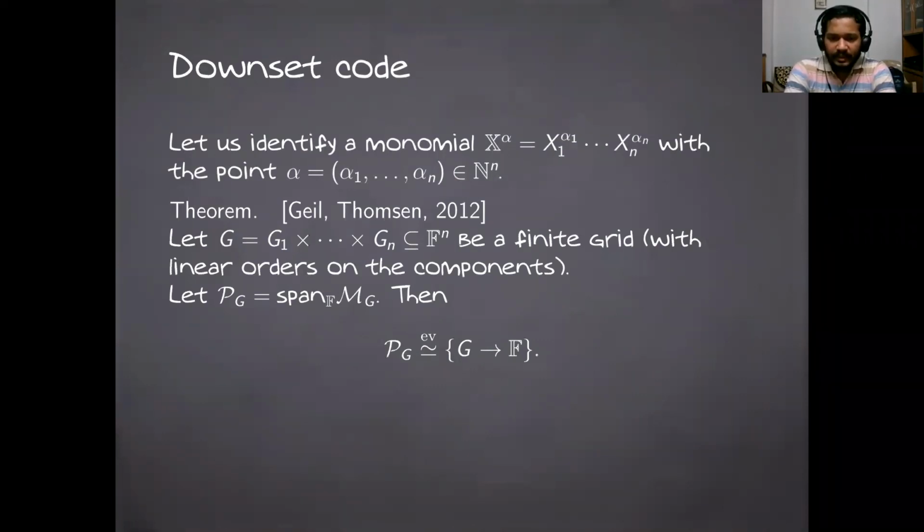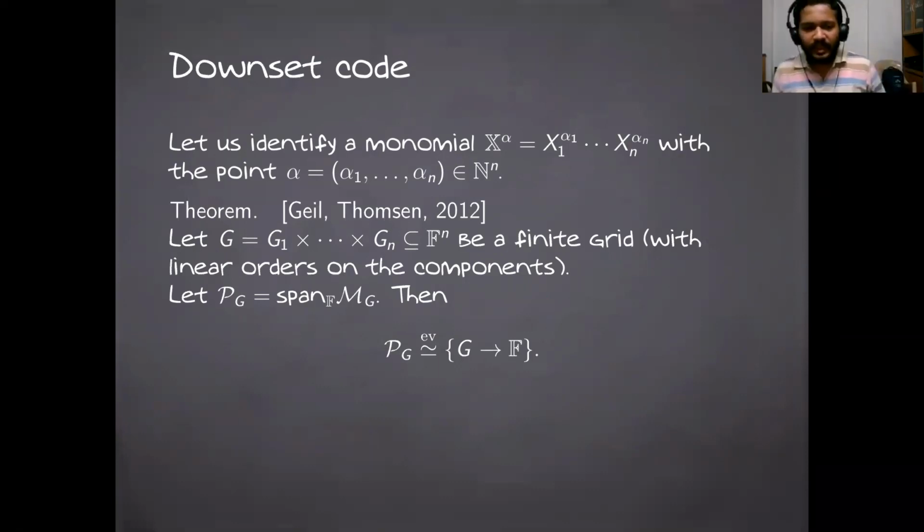If you take the grid G1 cross Gn and look at its corresponding integer grid M sub G, identify monomials corresponding to the vectors in M sub G and take the span of all those monomials, you get a space of polynomials. This space of polynomials is isomorphic to the function space on G.